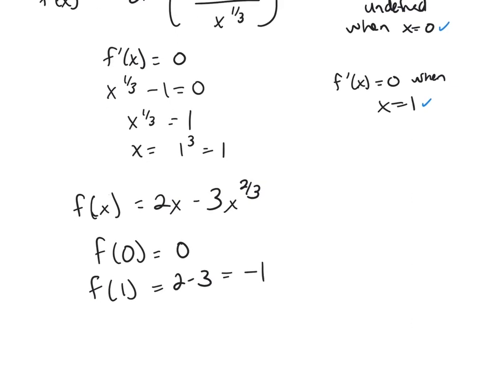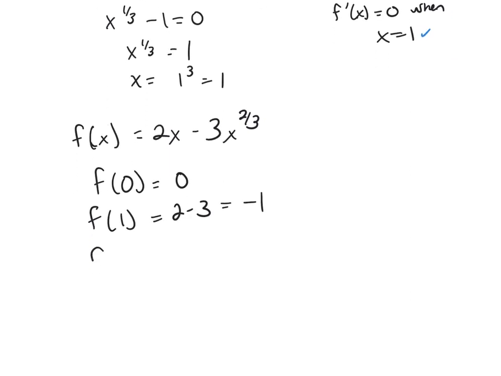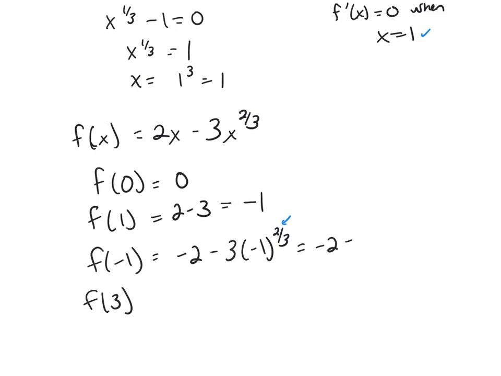And now you need to plug in your two endpoints, which were -1 and 3. So if you plug in -1, well, here I'm squaring and then taking the cube root. So when I square it, the negative will go away. So I'm getting -2 minus 3, or -5.